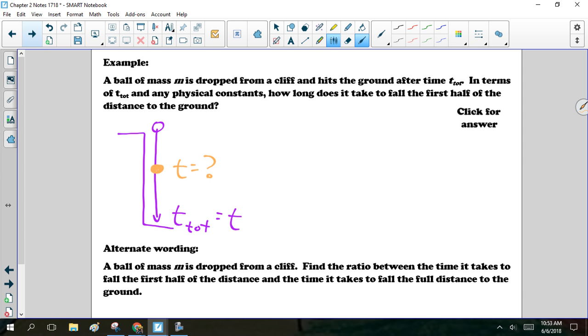Well, distance seems to be important here, right? Because that's what's separating the two things. So this is a distance d, and this is a distance d over 2, right? So we want to figure out the time.